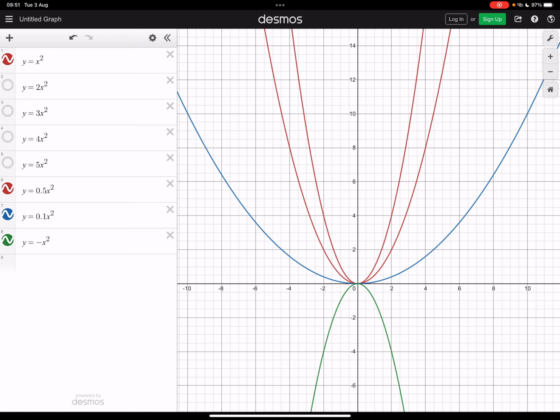We got that sad face. So it's that idea that if you put a negative on the front, you immediately reflect the graph about the x-axis. It flips across, or flips over.